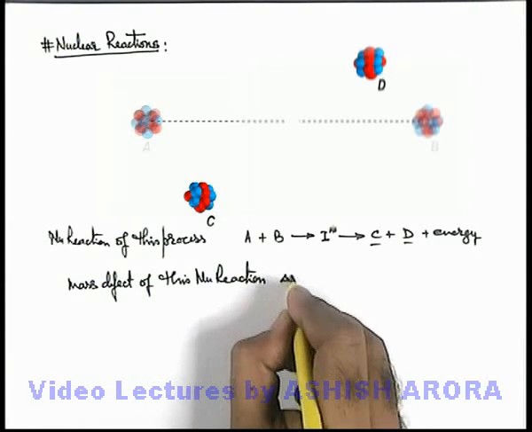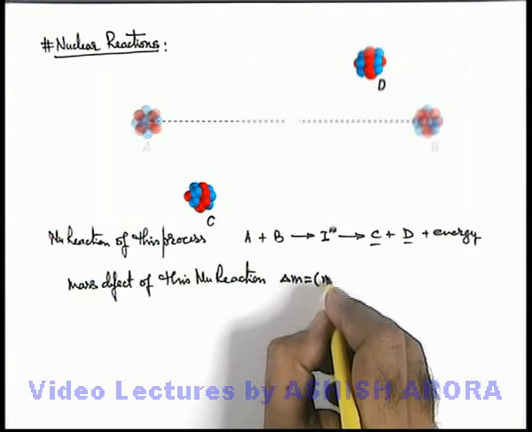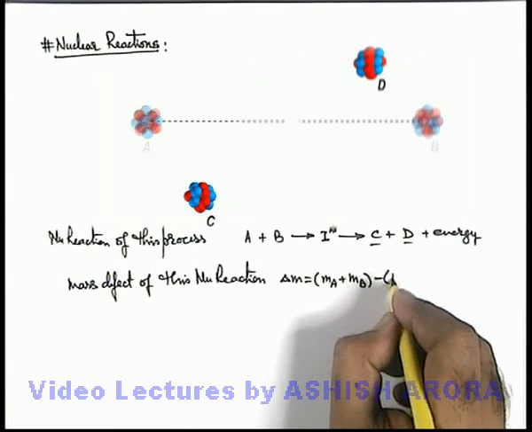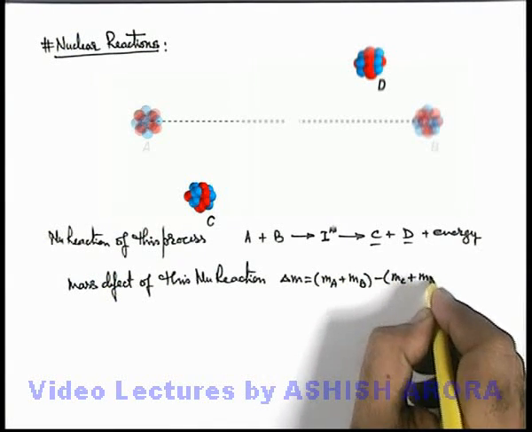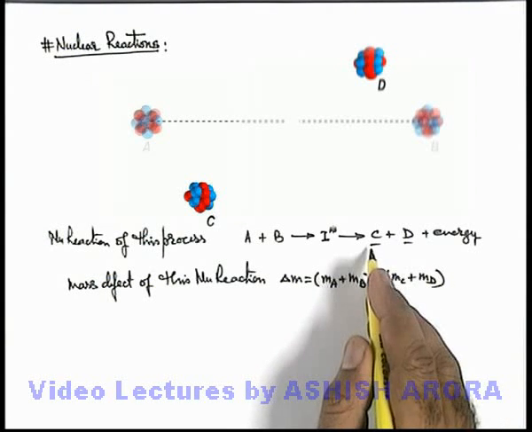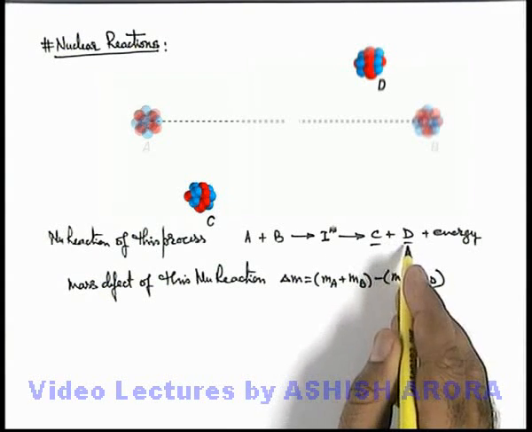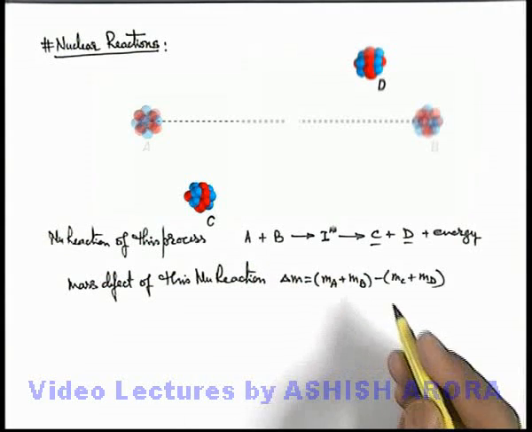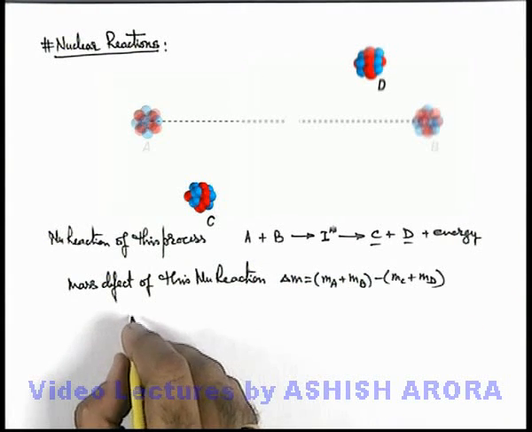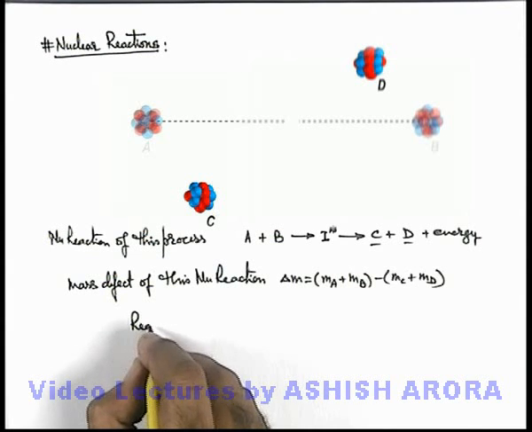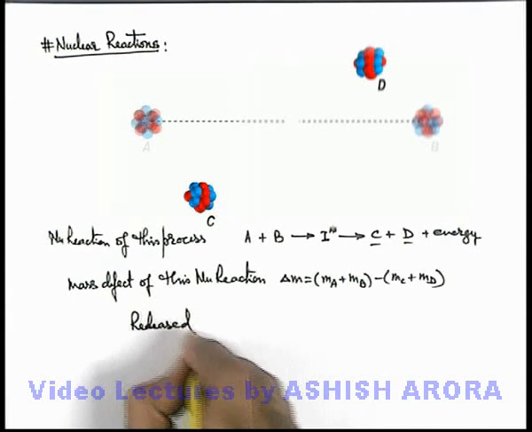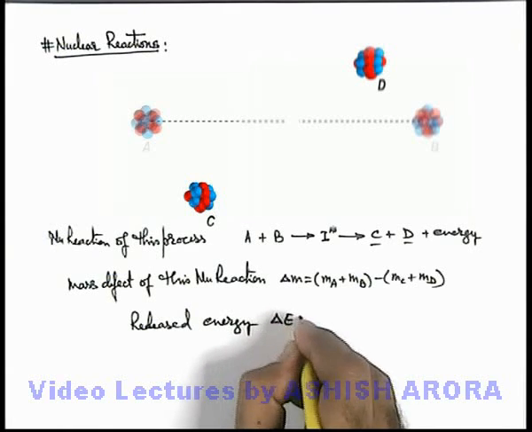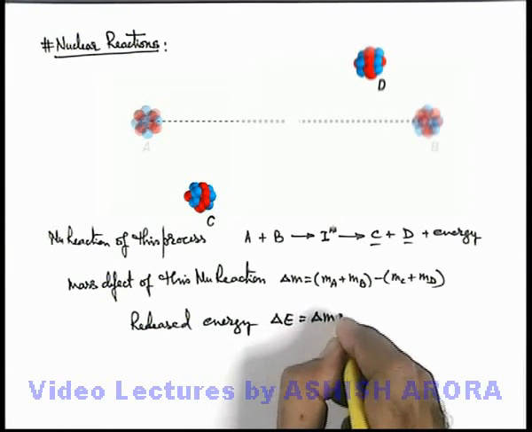then this can be written as delta M equals mass of A plus mass of B minus the mass of C plus mass of D, as if C and D are more stable, then certainly their rest masses will be less than the rest masses of A and B. And if we calculate the amount of released energy in this situation, then this released energy delta E can be written as delta M c square.